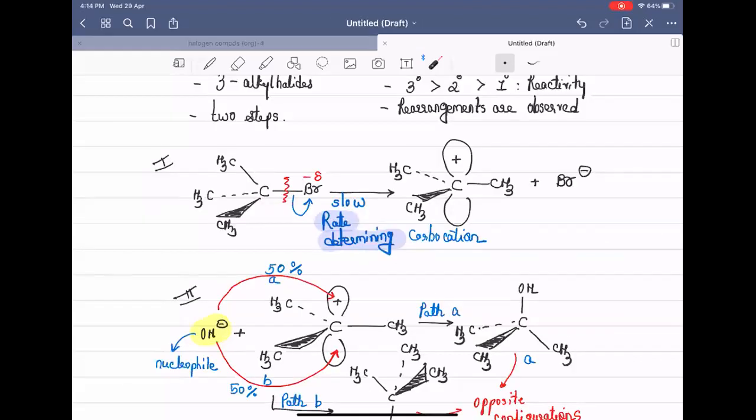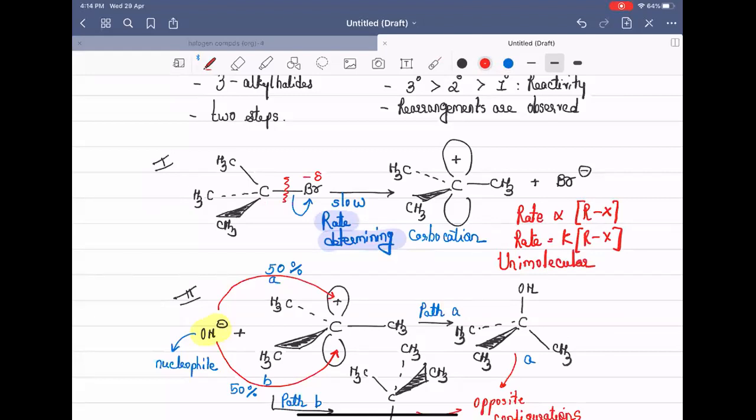So here we can put that the rate of such a reaction is always proportional to the concentration of alkyl halide, or we say rate is equal to K times the concentration of alkyl halide. Because rate depends on the concentration of only one component, we say it is a unimolecular reaction, or a reaction for which the order is 1.